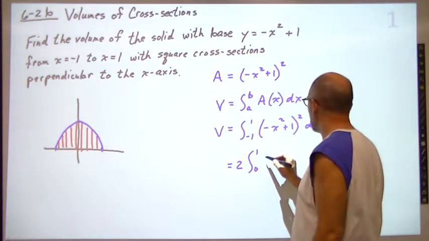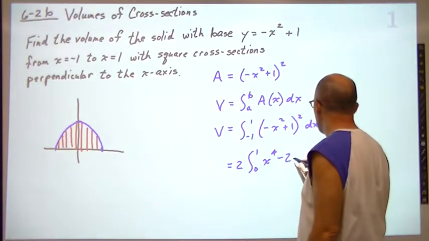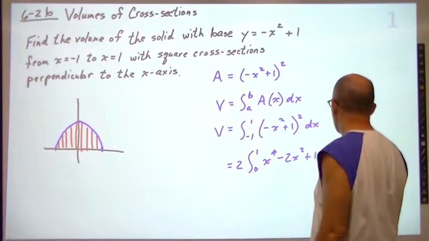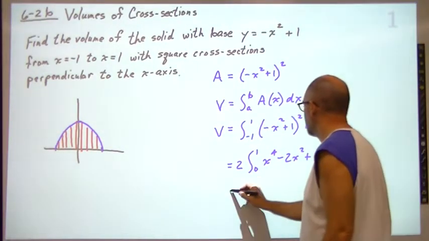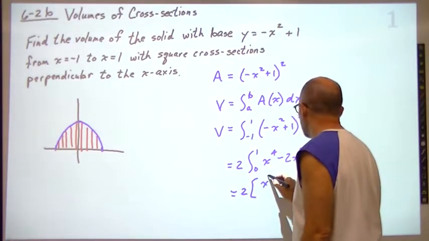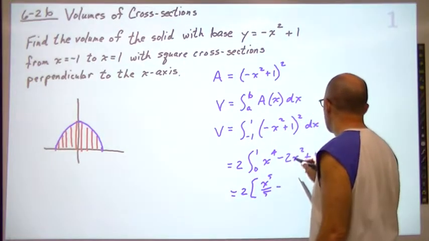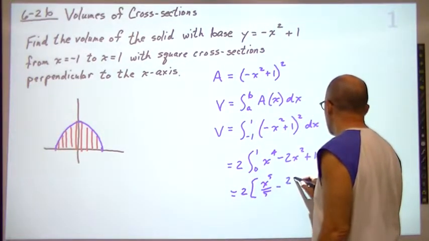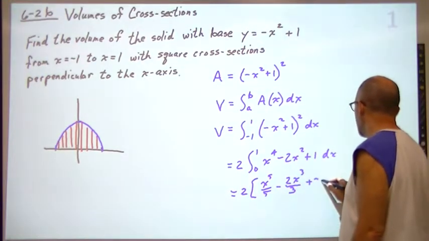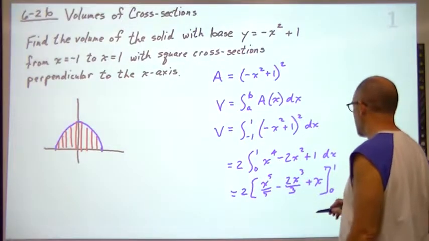So x squared squared is x to the 4th minus 2x squared plus 1 dx. So this can equal 2 times, integrate this, it's x to the 5th over 5, minus 2x cubed over 3, plus x from 0 to 1.